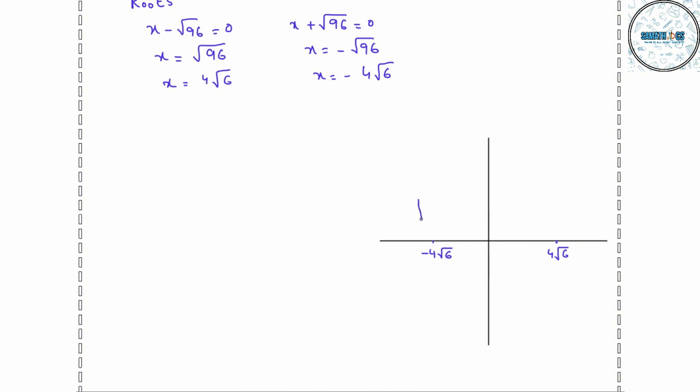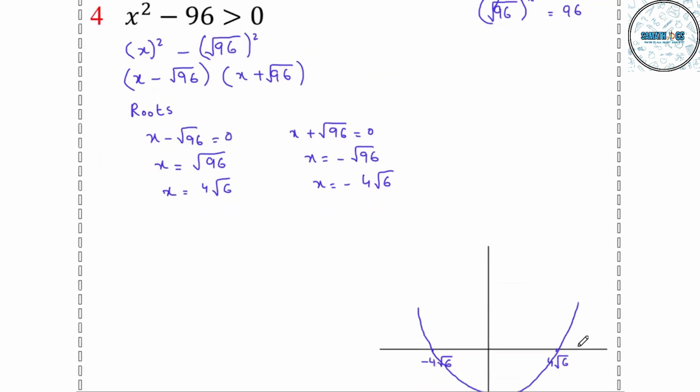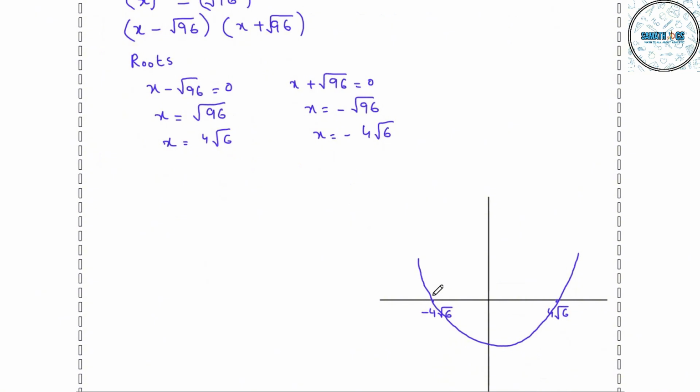Then we will sketch a curve. We can see the sign is greater than, which means that we have to consider the part of the curve which is above the x-axis. On this part of the curve, the values of x are greater than this, and on this part of the curve, the values of x are greater than this.